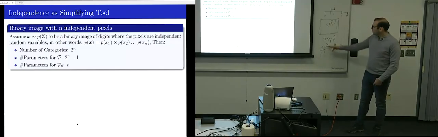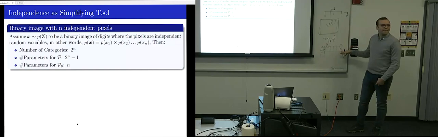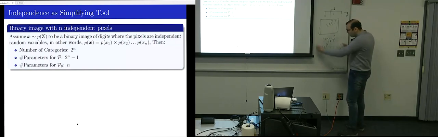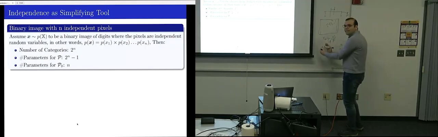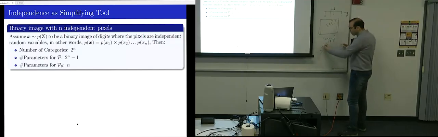So the number of parameters reduces to n. In the previous state, you assume each of the total of these images as one category. Now you model separately. Why? Because before, you were considering the correlation between all of them, all the possible categories.